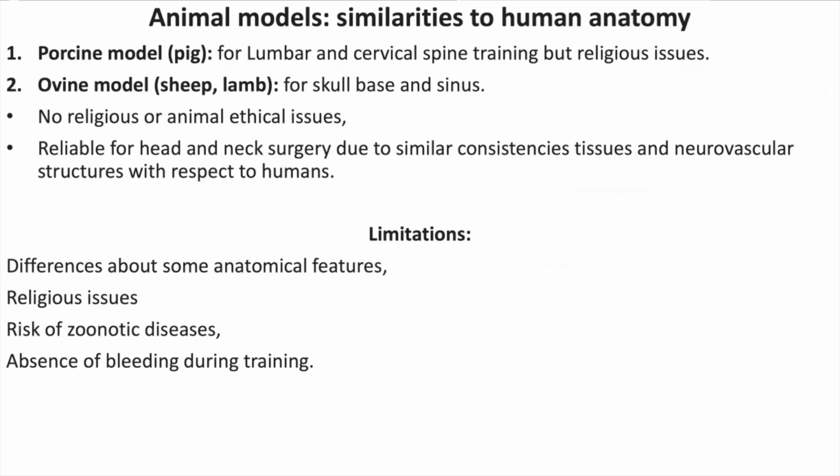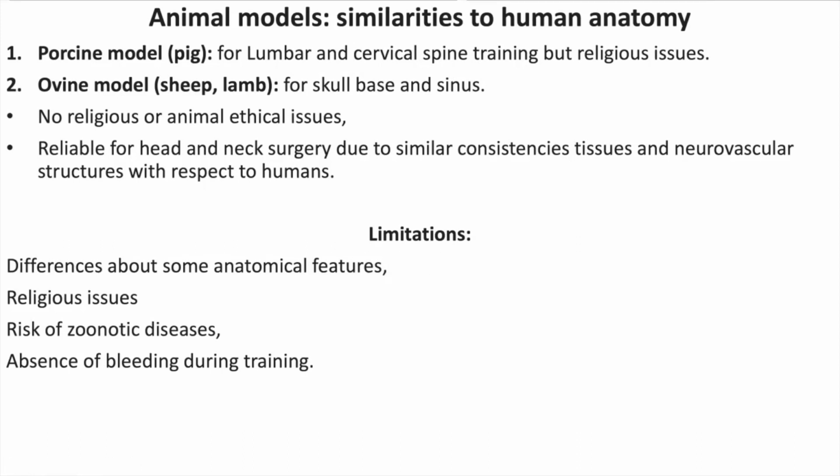Some of the animal models also can be used because of the similarity to the human anatomy. One such model is a porcine model in which pig can be used because of the similarity in lumbar and cervical spine anatomy, but there is a religious issue with this.